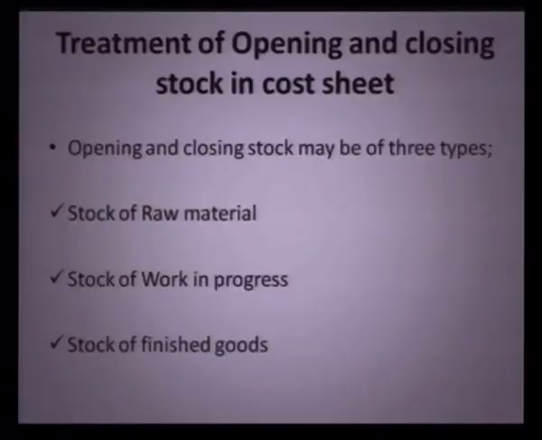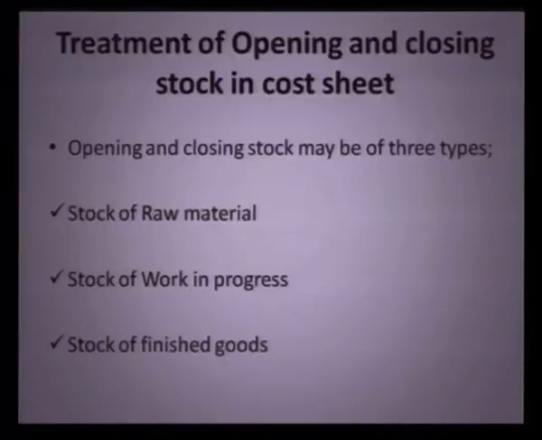First of all, the cost sheet which we have seen is a simplistic view of the cost sheet. In real life there will be some complexities, like in the beginning of the year or at the end of the year we have some opening and closing stock. In that case we have to make adjustments in the cost sheet. As we know, there are three types of opening and closing stock.